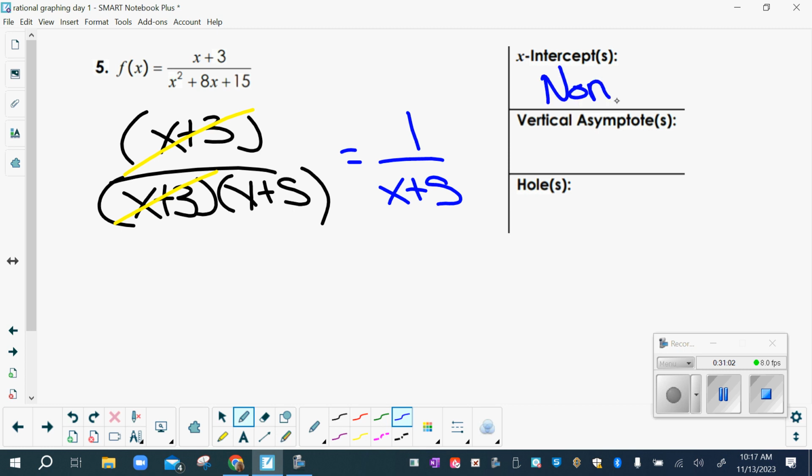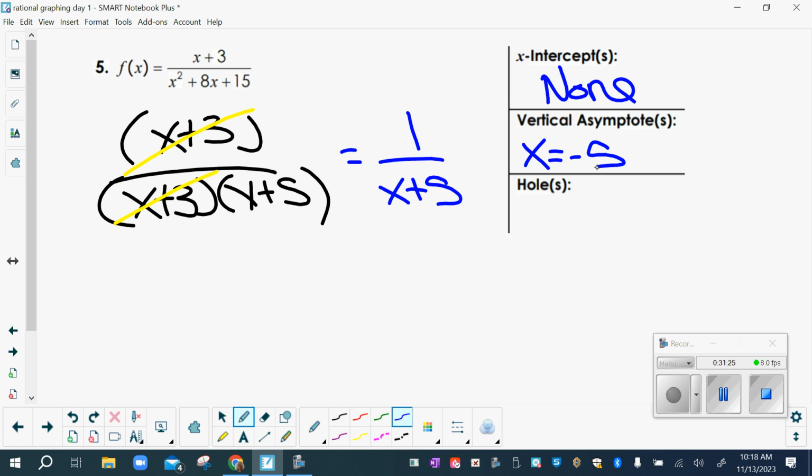So the answer for this one is none. How about the vertical asymptote? Now we go downstairs. And you know what it's going to be? x equals -5, for my friends who are getting fast at this. And then finally, do I have something so powerful that it jetted out of my volcano and made a little puddle? Yeah, it's the x plus 3.